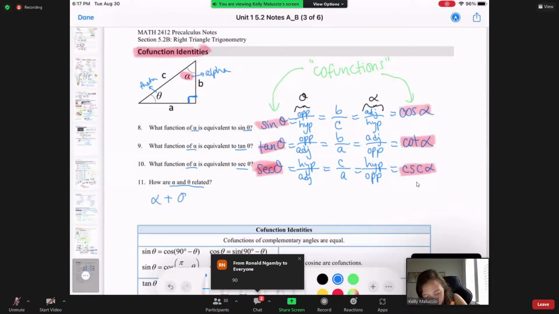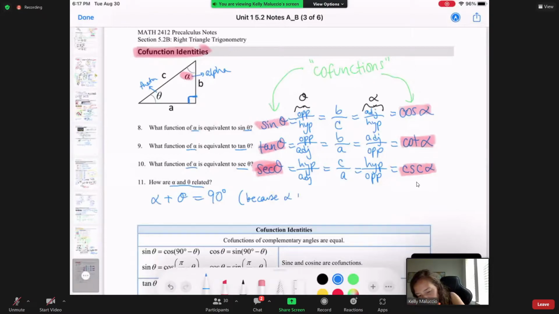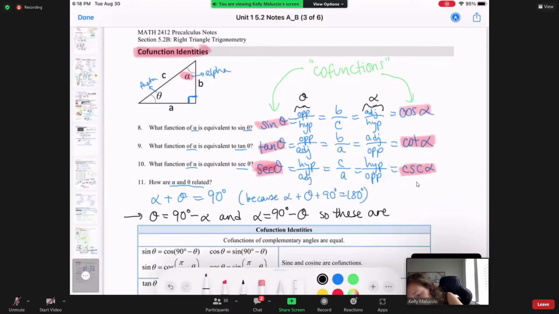So alpha plus theta has to equal 90 degrees, because alpha plus theta plus 90 has to equal 180, and so we just subtract the 90. These are all degrees. Which implies that theta is 90 degrees minus alpha, and alpha is 90 degrees minus theta. So these are complementary angles.